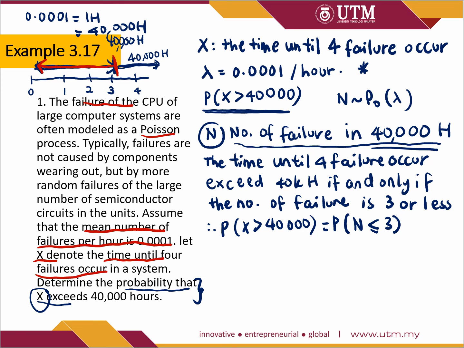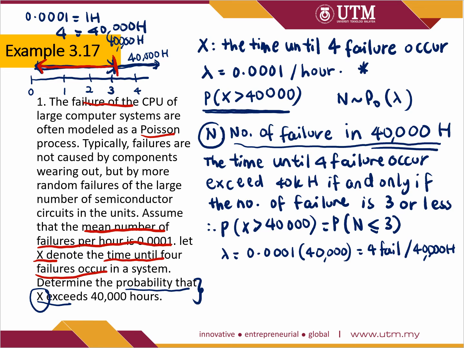So you get lambda equals 0.0001 times 40,000, which equals 4 failures per 40,000 hours.